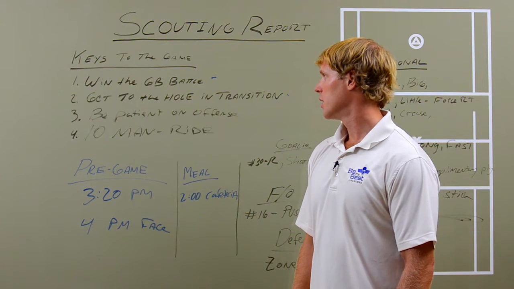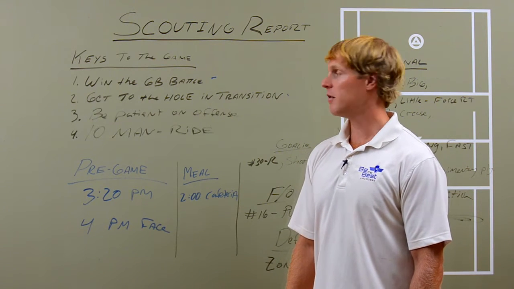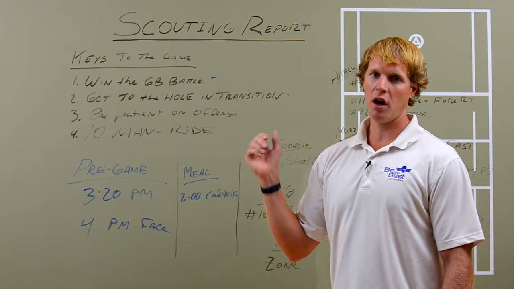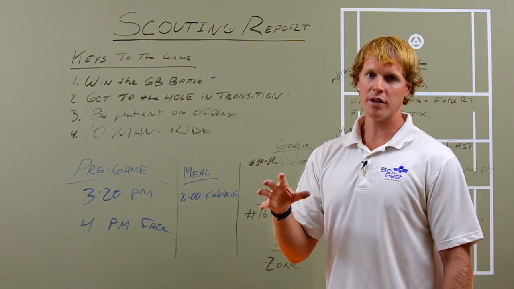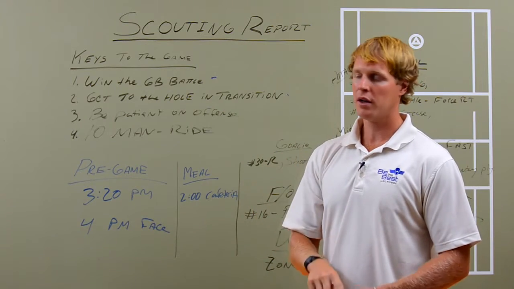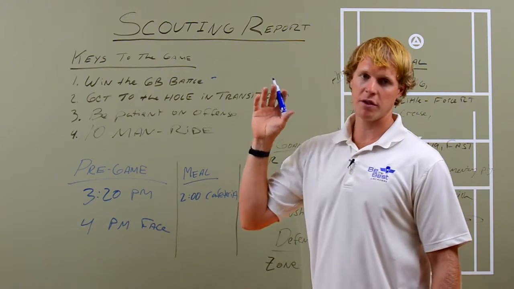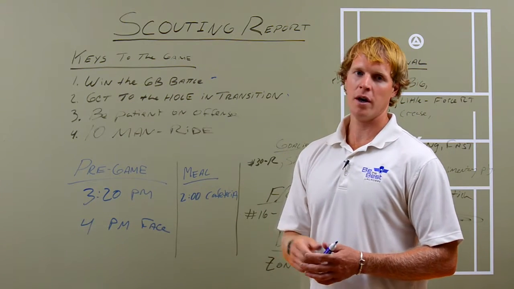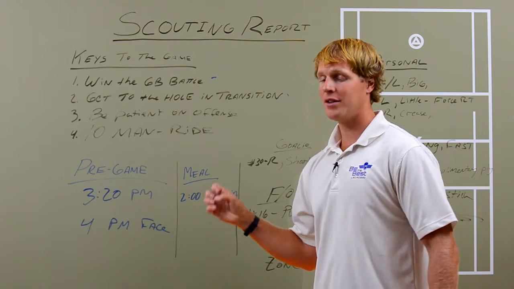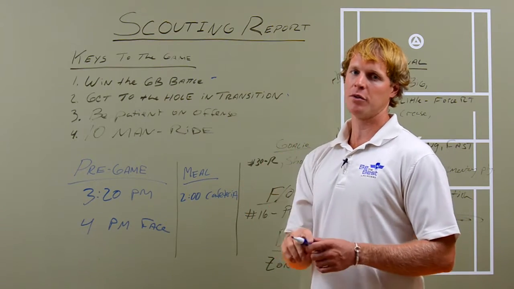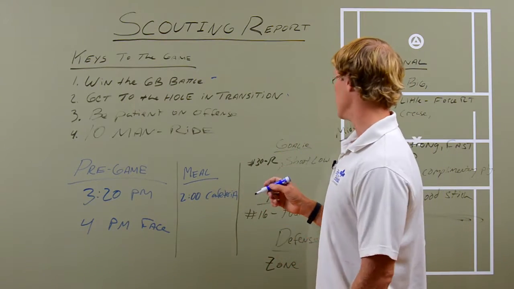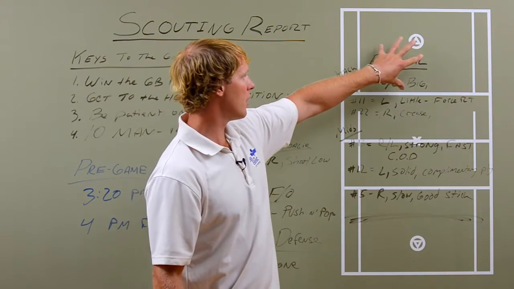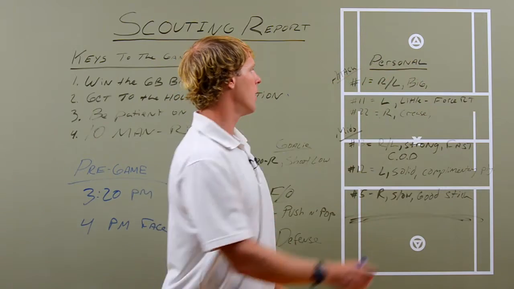Two, get to the hole in transition. This team that we're playing does a great job of transitioning from defense to offense. They have great stick skills, so they get the ball up the field quick. So we know that if we turn the ball over, or whatever it is that allows them to get the ball, our guys need to get back and not waste any time so they can get into the hole, which, for those of you who don't know the terminology, is the area right in front of the goal, right around there.